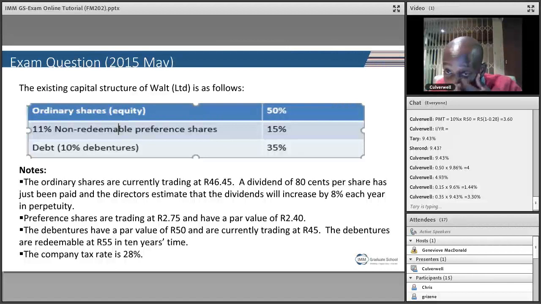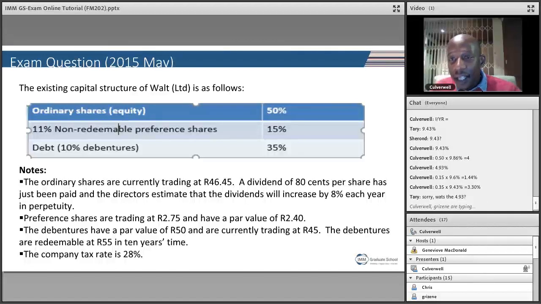So we have calculated our weighted cost of ordinary shares being 4.93, of preference shares being 1.44%, and of debentures being 3.30%. The total of these weighted costs is what we refer to as our WACC. So your WACC is equal to 4.93% plus the 1.44% plus the 3.30%.